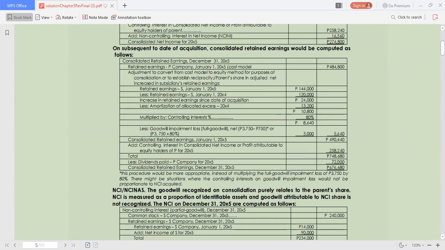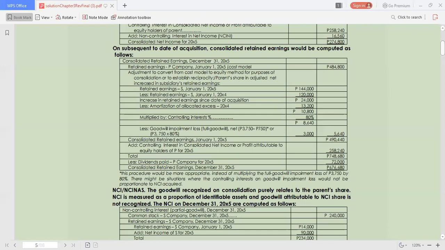Then we add the controlling interest in consolidated net income or profit attributable to equity holders of P for 20x5 of 258,240. We have the total and we deduct the dividends paid P company of 72,000. That's given. And we have now the consolidated retained earnings on December 31, 20x5.